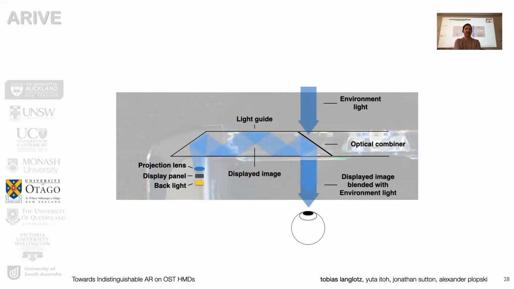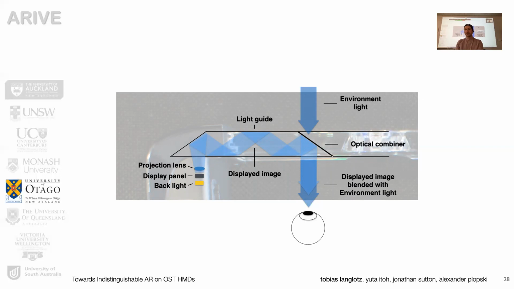We basically have a backlight, usually, it depends on the display technology and the display panel, and we have a couple of projection lenses that project that image into something that's normally called a light guide or a waveguide. And what this one is doing is actually transporting the projected image to your eye. There's something like an exit pupil, and this allows the projected light to exit that light or waveguide and go into your eye.